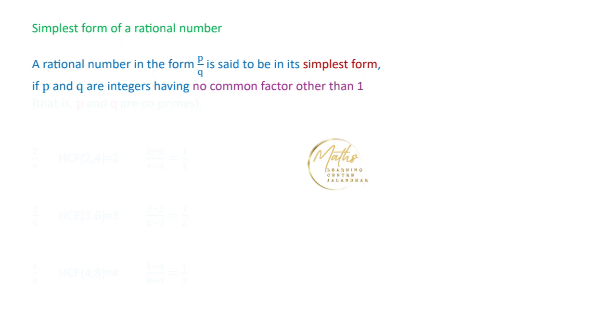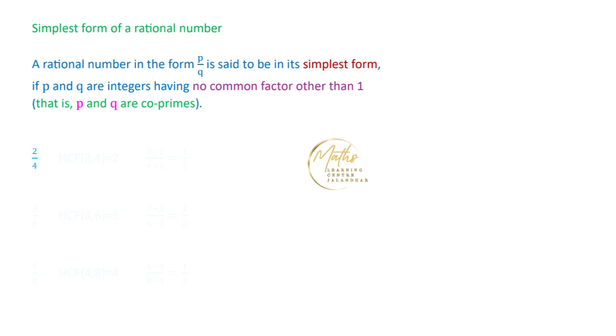Whatever rational number is given to us, if P and Q are co-prime, that is, they do not have any common factor other than 1, then that form is called the simplest form. We give an example to make you understand what the simplest form is.